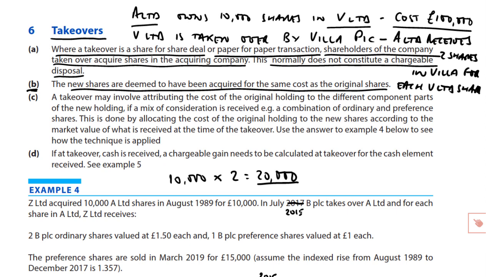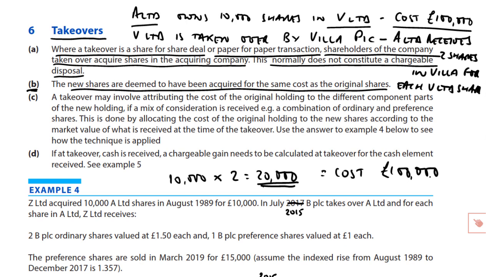So what now happens is A Limited instead owns 20,000 shares in Villa plc, which are also deemed to have cost £100,000. So that when any of those 20,000 shares in Villa plc are sold in the future, you will know that they will be deemed to have a cost of £100,000 incurred at the point in time when A Limited had originally acquired its shares in V Limited.